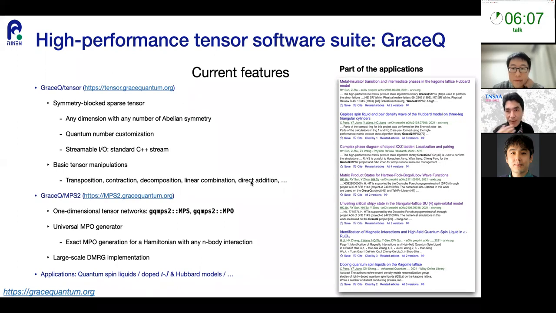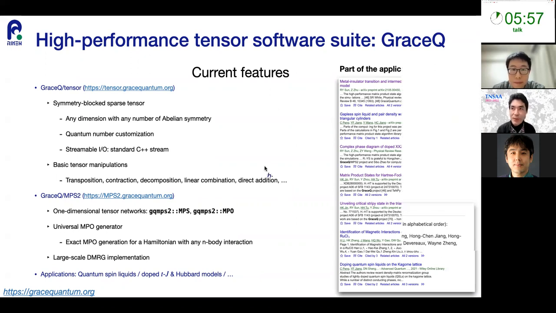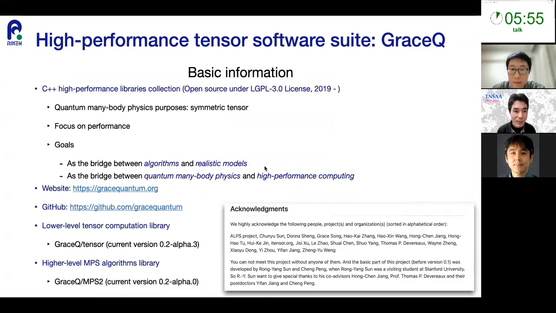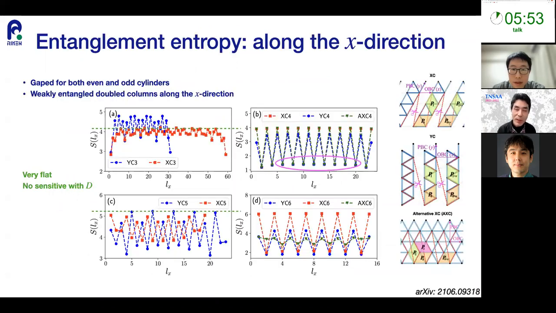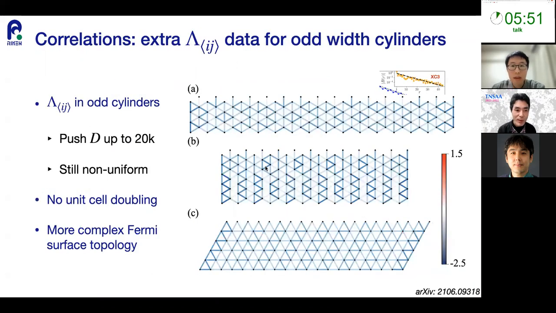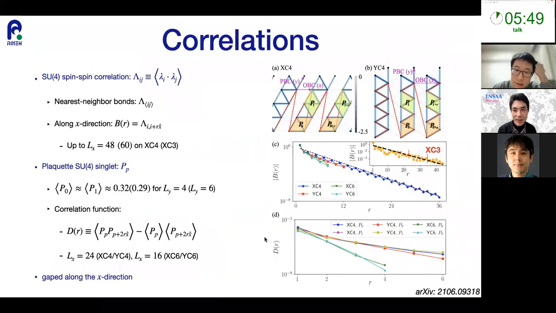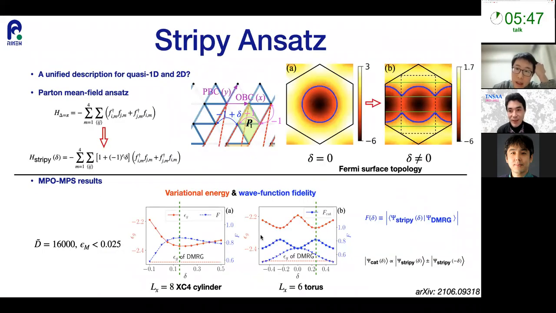I try to ask about your calculation result for the SU(4) Kugel-Khomskii model. You tried two methods, and one method is just an ansatz for the wave function.